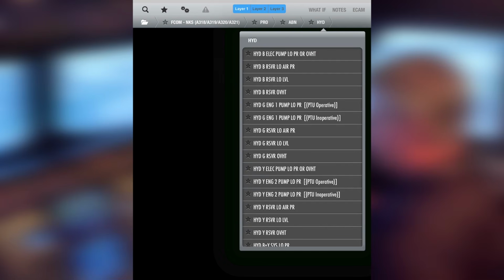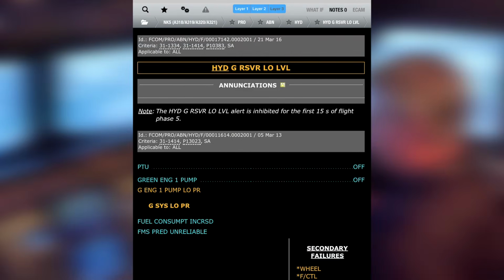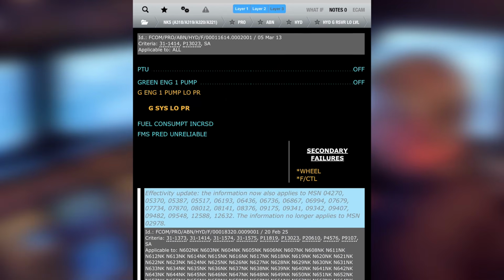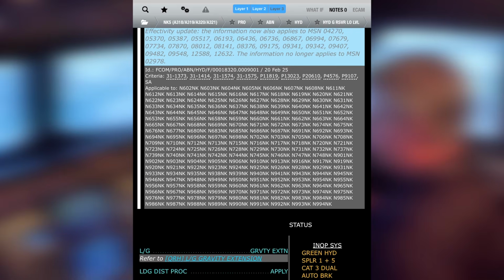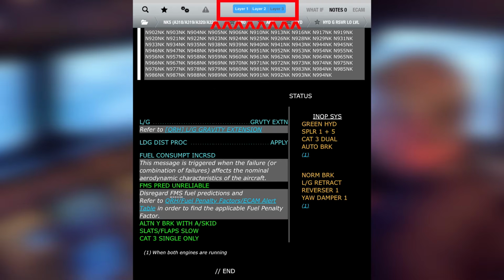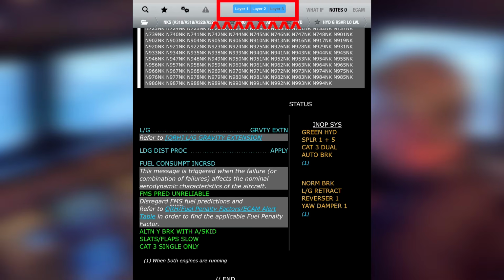Feel free to push the Recall push button on the ECAM control panel to make sure you have selected the correct procedure. Additional information can now be reviewed to enhance the crew's awareness before making a decision. As a reminder, select Layer 3 to make sure you review all the additional good-to-know information, as it may be critical information for further configuring the aircraft and making a decision.